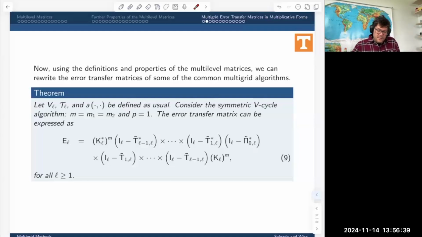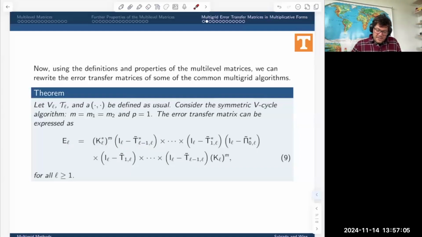So here it is. The error transfer matrix for the V cycle is, drum roll, going to be K_L star to the M, times I minus this T matrix. This T matrix goes from level L down to level L minus 1.